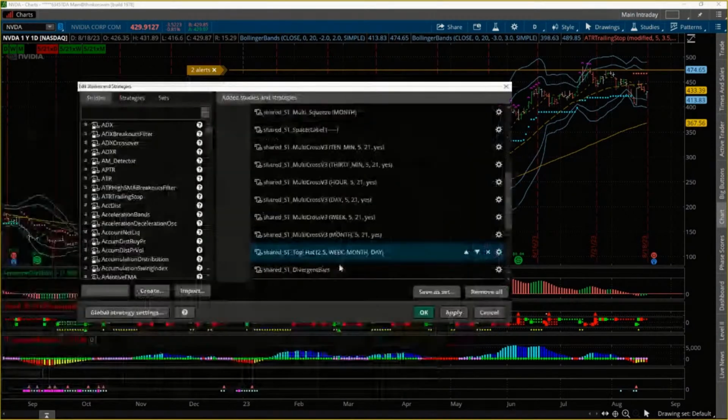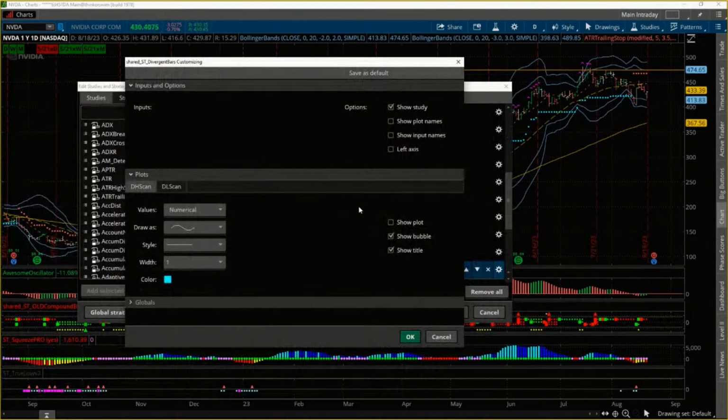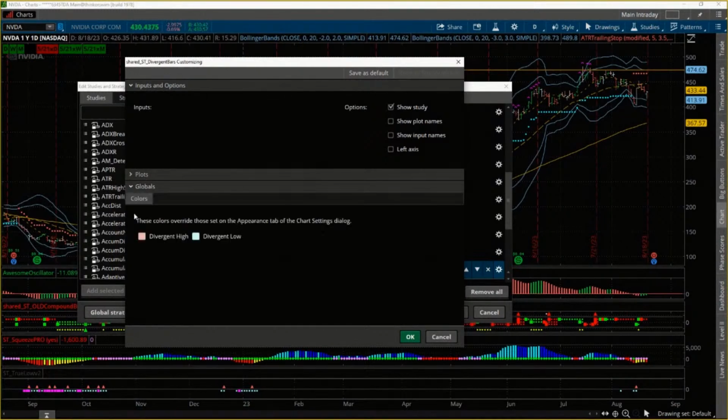And the last indicator up here on my charts is the divergent bar indicator. This is one I actually had Eric create for me. It is another proprietary indicator. Now, the colors are slightly different than what Eric set it as for my chart.